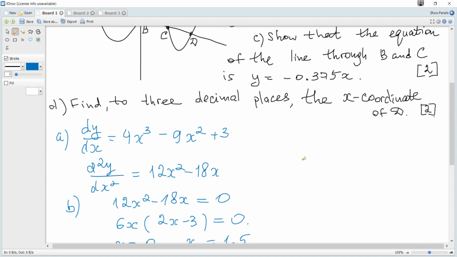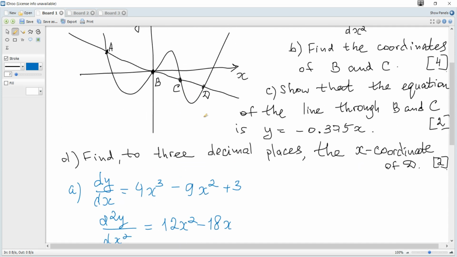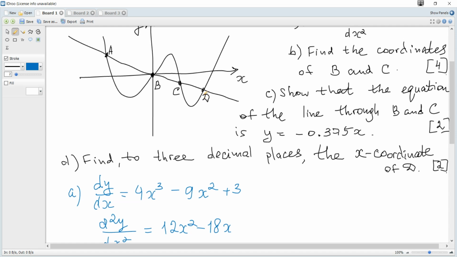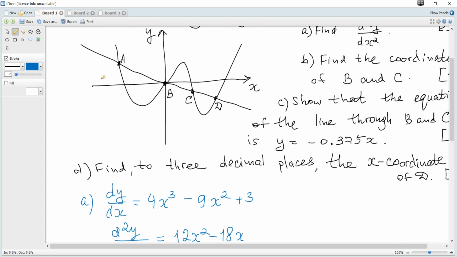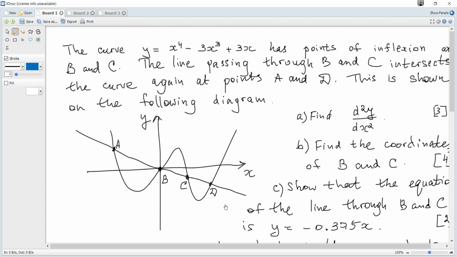And D. Find to 3 decimal places the x coordinate of D. What is the x coordinate of D? It's a point of intersection of the line with the curve, and you can see that in general there are four roots for points of intersection.